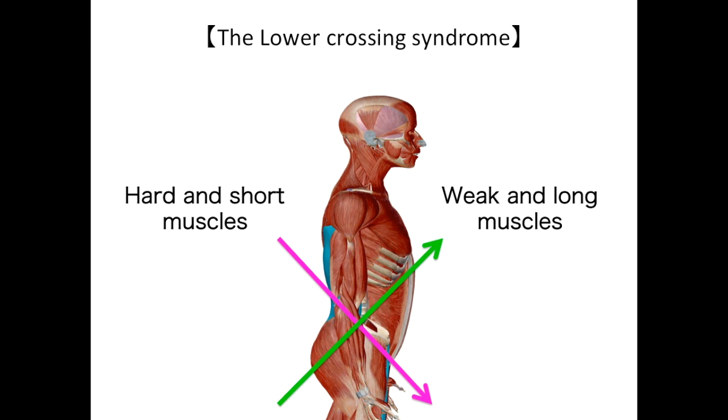And the green area shows weak and long muscles. With hip flexion, pelvic anteversion and lumbar lordosis, the gluteus maximus and abdominal muscles are pulled long. If this happens, you will not be able to fix the trunk with the abdominal pressure of the abdominal muscles, so the back muscles will fix the trunk and it will become back pain from the tension of the spine.